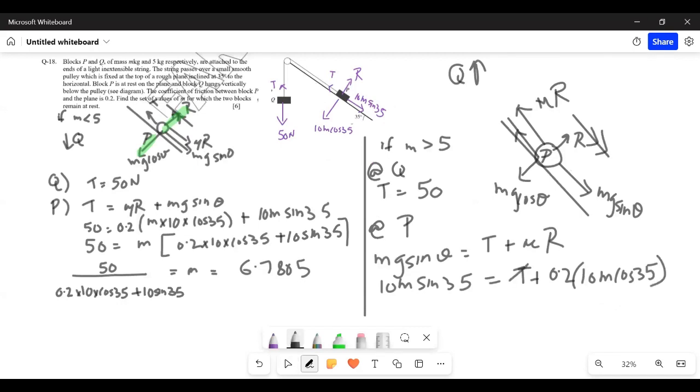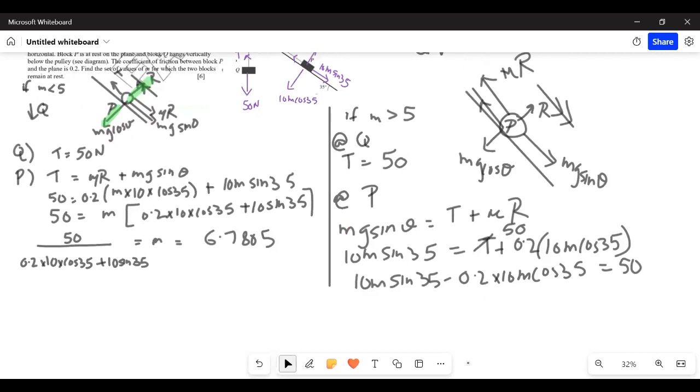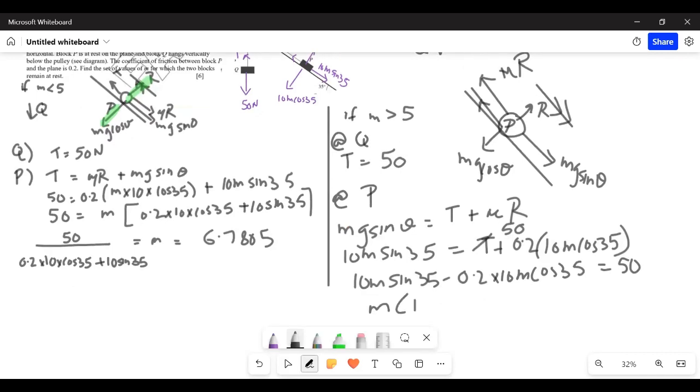This is 50. Okay. So I am going to rearrange 10m sine 35 minus 0.2 into 10m cos 35 equals to 50. Now again you take m common and we have 10 sine 35 minus 0.2 into 10 into cos 35.